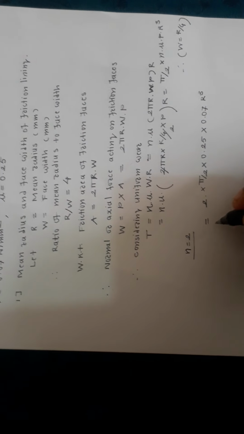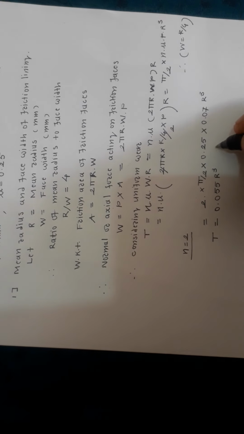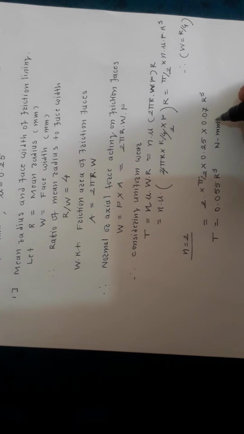If we simplify, I'll get this value as 0.055 R cube. In terms of R cube, we will get the torque. The unit will be Newton millimeter. So we have got this by considering the uniform wear theory.